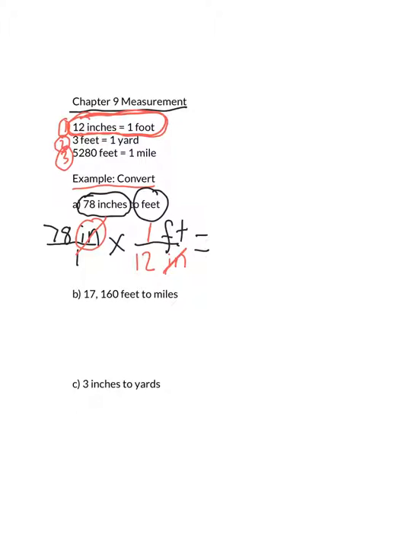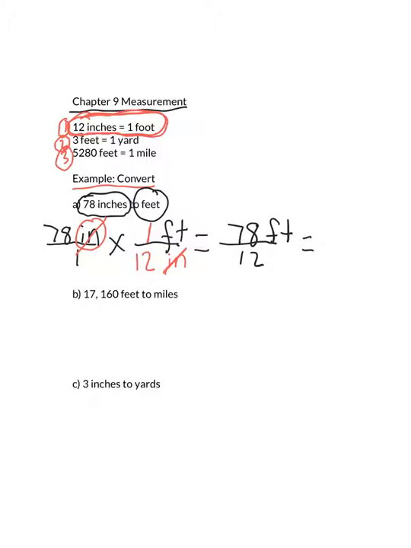Now we simply multiply across the numerators and denominators. Looking across the numerators, I have 78 times 1 foot for 78 feet. On the bottom, I have 1 times 12 for 12. Keep in mind, fraction bar means division. I just do 78 divided by 12 on my calculator.